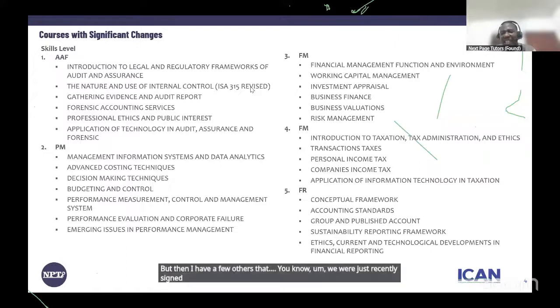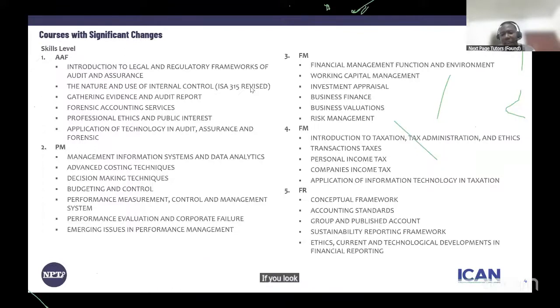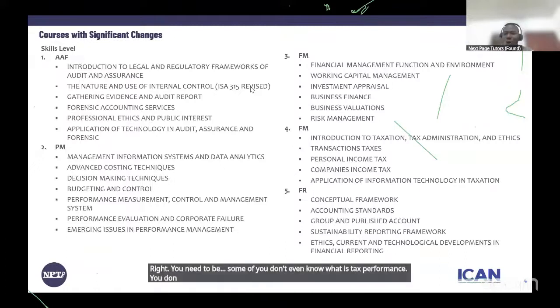And aside from that, if you look at that last part, application of IT in taxation, over this part ICAN added that, okay, you need to be aware of FIRS Tax Pro Max, right? Sorry, my head is just full of IFRS. We have students, even though you don't practice tax, some of you don't even know what Tax Pro Max is.